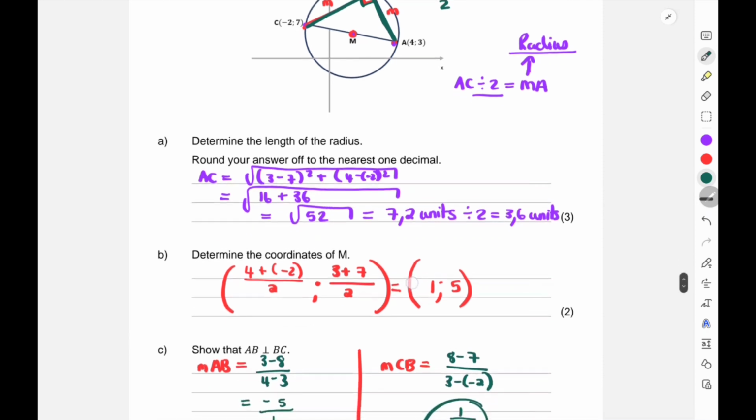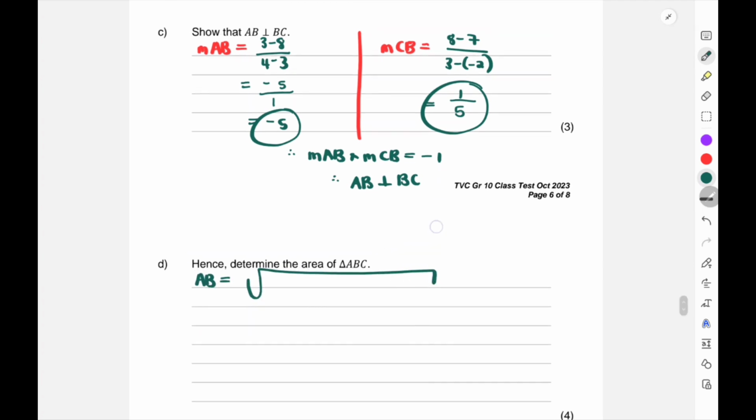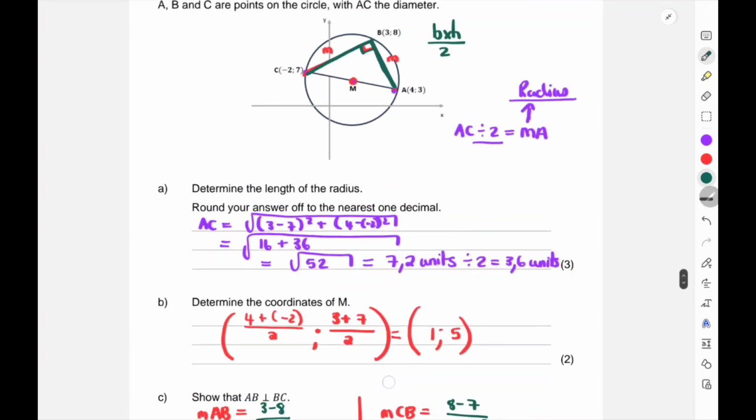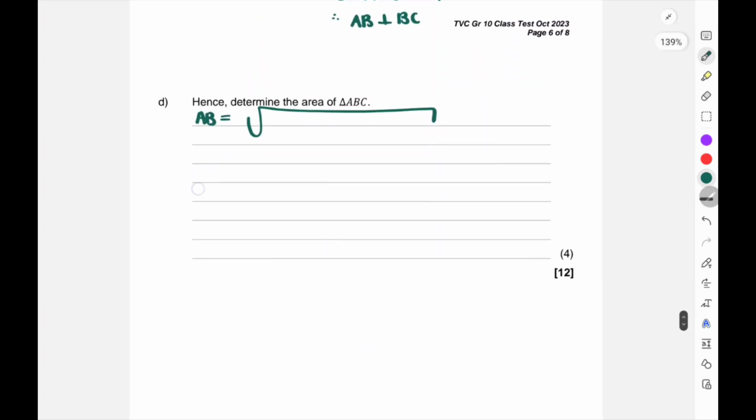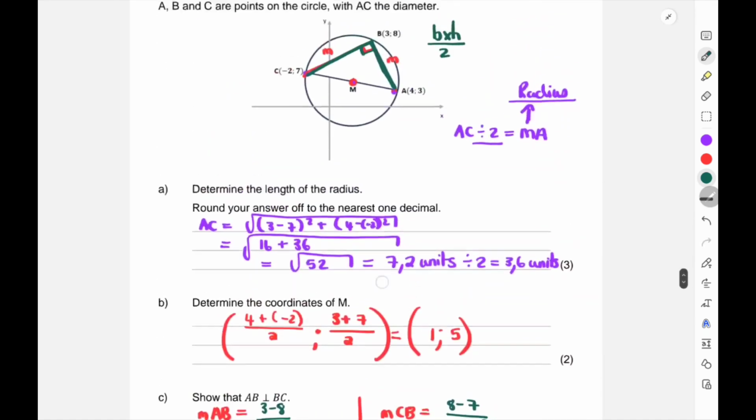So we need to find the distance of AB, and then we also need to find the distance of BC. Then we're going to take our two answers, times them with each other and divide by 2. Okay, but we'll get to that. Let's just first find the distance of AB.